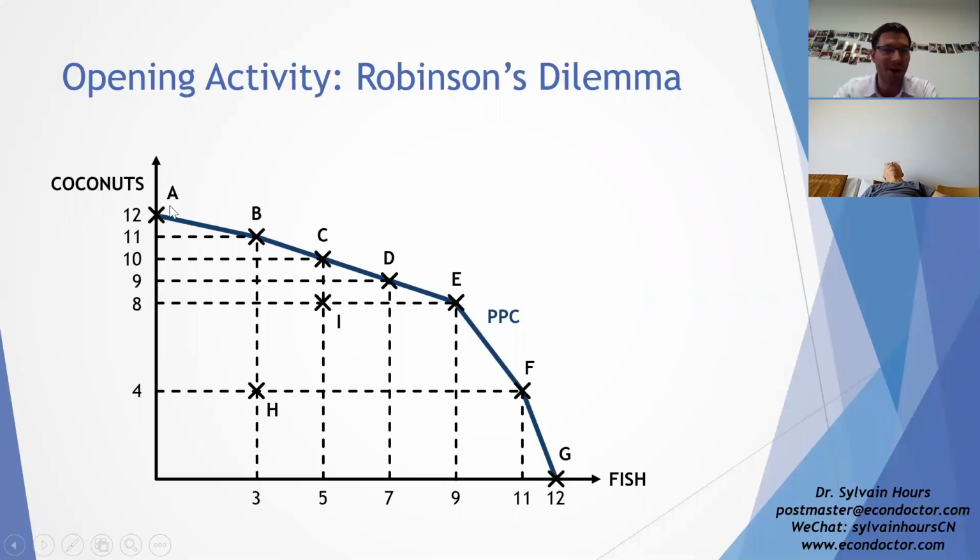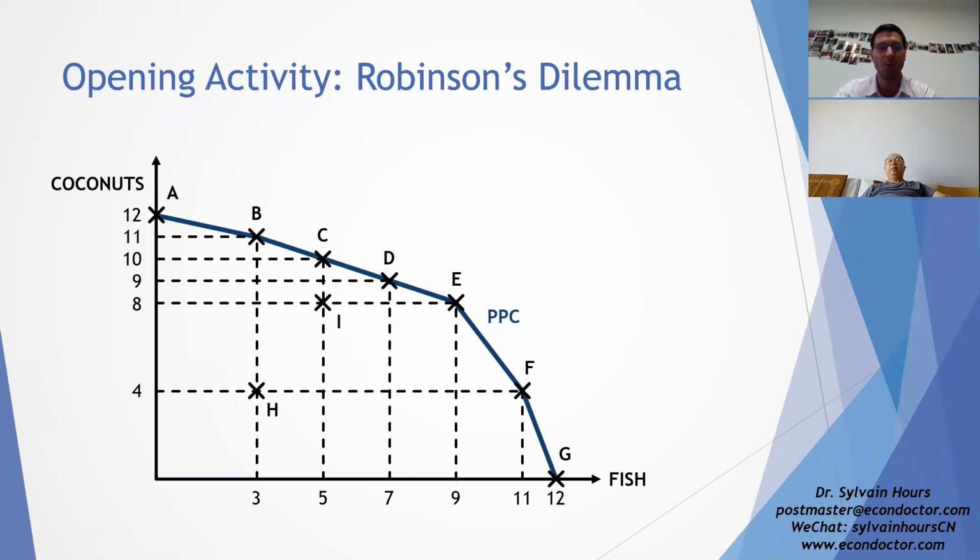And if I am allergic to coconuts, why not, I should probably choose combination G. So it really depends on our preferences, on our characteristics as consumers. And this idea of choosing the best combination of goods and services depending on consumer preferences is the concept of allocative efficiency.